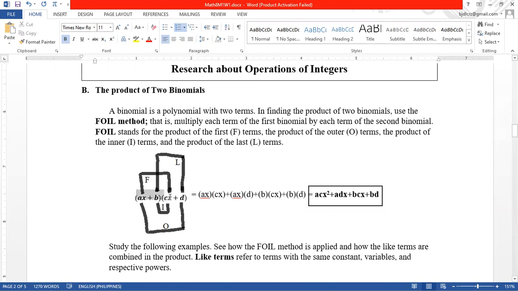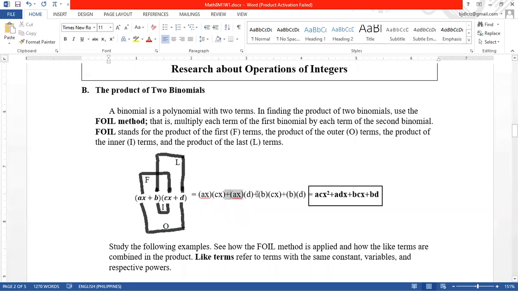So look at this equation, ax plus b multiplied to cx plus d. So the first terms are ax and cx. So we have here the ax and cx plus the product of the outer terms. So the outer terms here are ax and d.